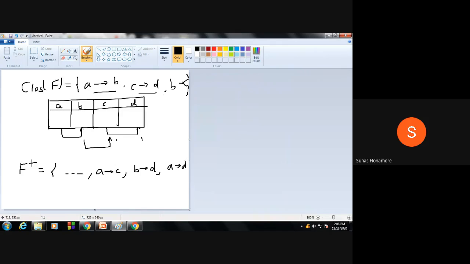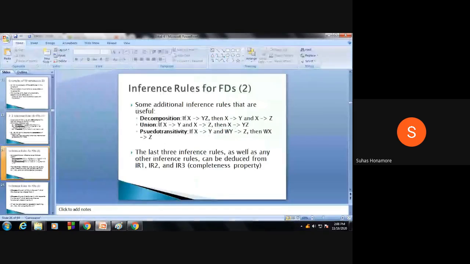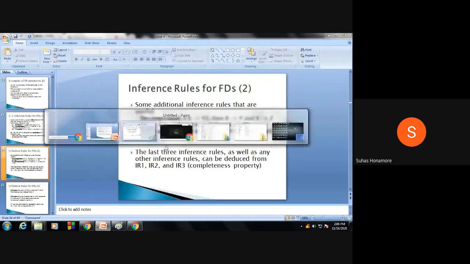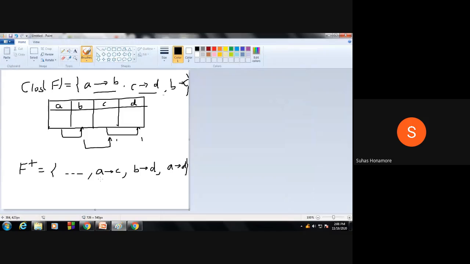This is also transitive. Like that, whatever inference rules you can apply among these three, including all these six, whatever FDs you get, if you add those also, all those things together we call F plus, that is, closure of F. Previously we have some set of FDs, which we call F. So closure of F is nothing but applying the inference rules on each of these, or combinations of these, to get some other extra FDs.